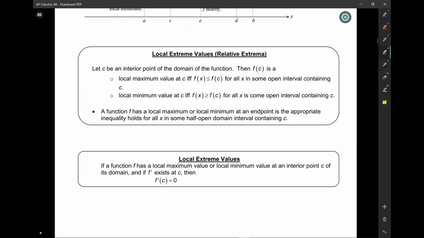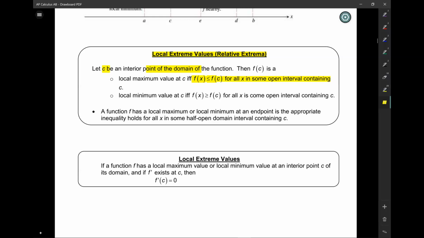Okay, so what are relative extrema then? If c is in the interior of the domain, there is a local maximum if there are some values of f of x which are lower than that value in some open interval.